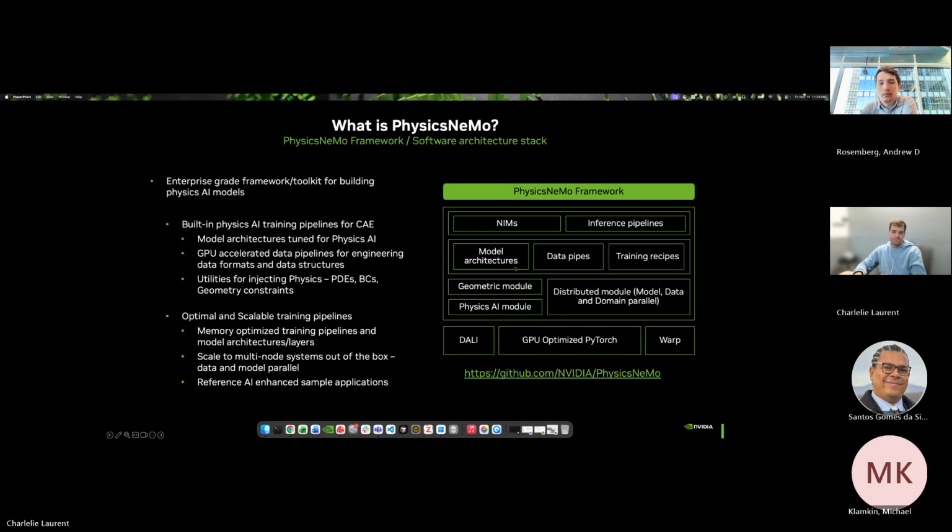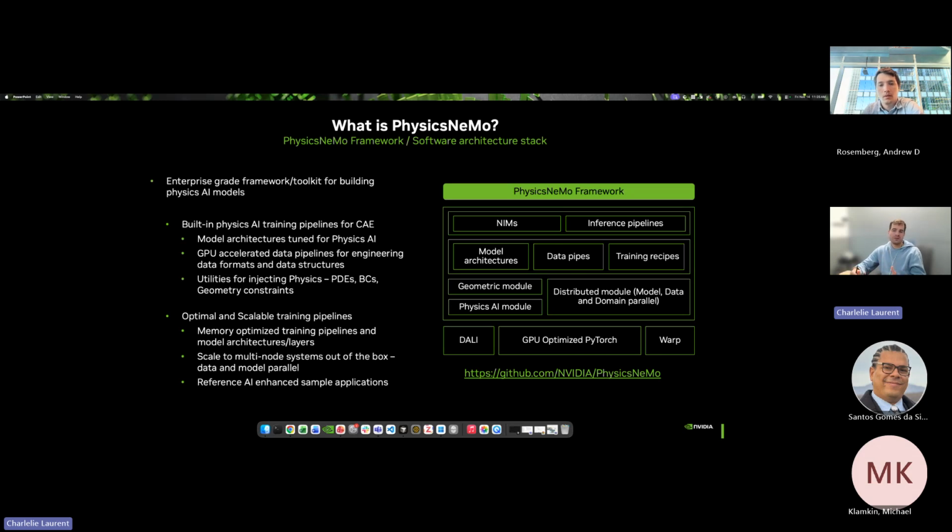And then there's DALI, which is an NVIDIA library for optimized data pipes. Data pipes are another big thing: we have data pipes that are optimized for GPU computing. We have a bunch of them. Some are very specific to certain datasets, and some are specific to certain modalities.